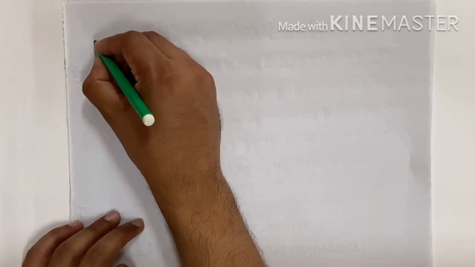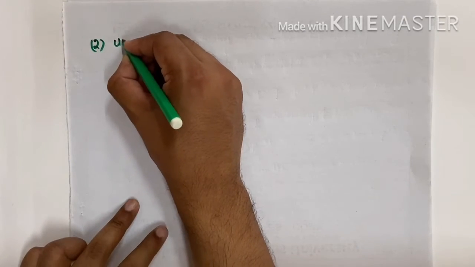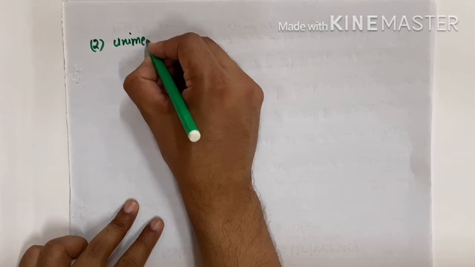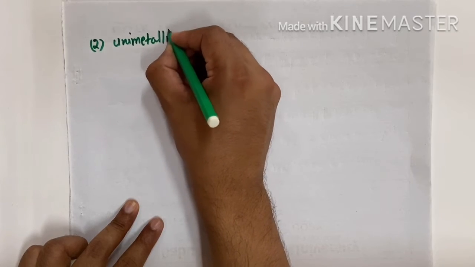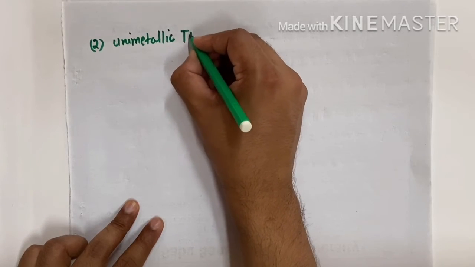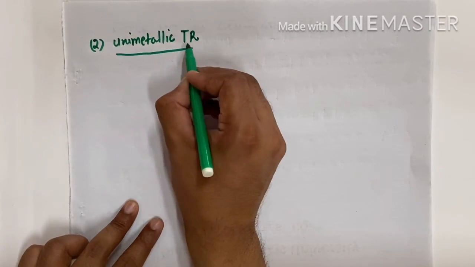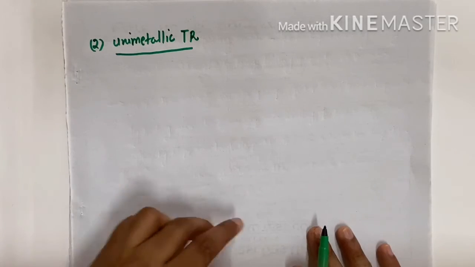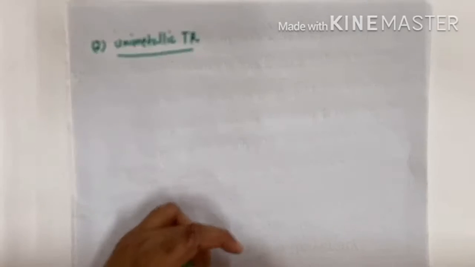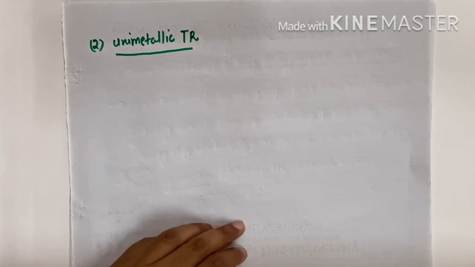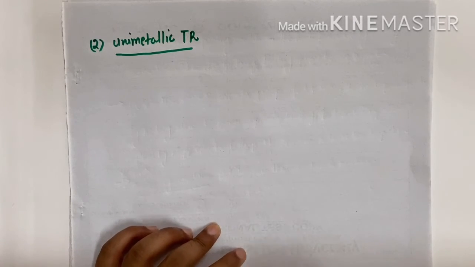Second heading is unimetallic thermal relay. I will write it in short form, TR. TR means thermal relay. So we will see the construction of the unimetallic thermal relay.